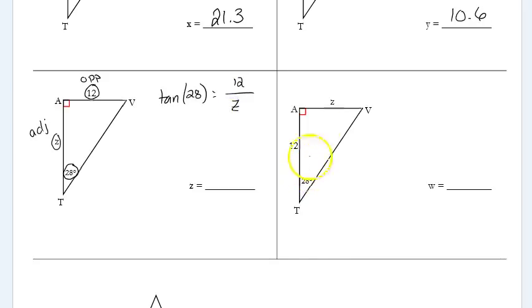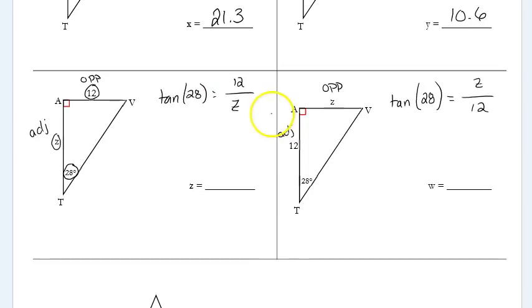The second one looks the same because I have z, I have 12, and I have 28, but the 12 is now my adjacent and the z is my opposite. I'm still doing the tangent function. I still have the same reference angle, but my ratio is now different. Z is opposite, it goes to the numerator. 12 is adjacent, it goes to the denominator.